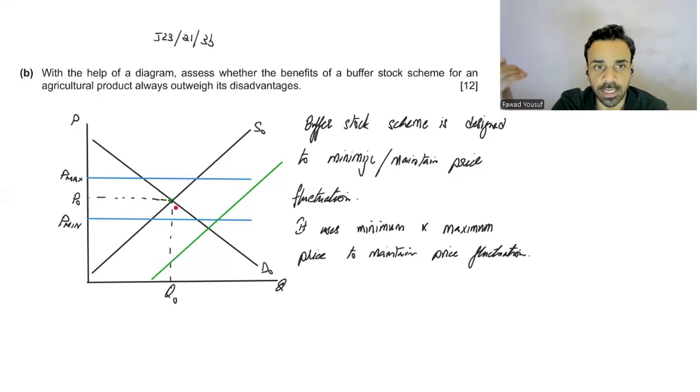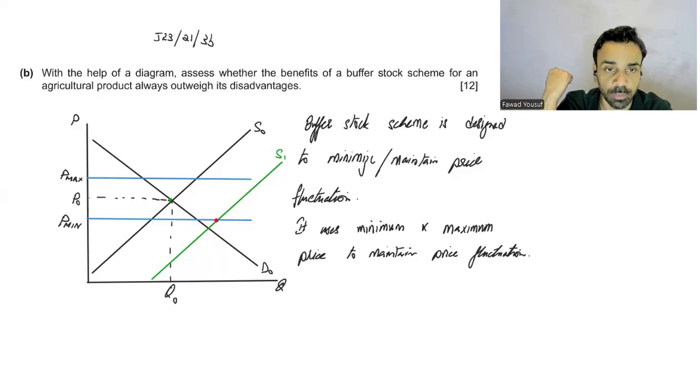Now that the supply has increased and shifted to the right because of, let's say, a bumper crop or a good harvest, because the supply curve has shifted to the right, now the prices want to fall. And now it wants to fall below the P minimum. Now it has become effective. So now it will not allow the prices to fall below this level.